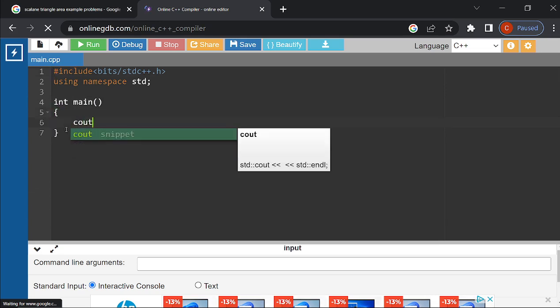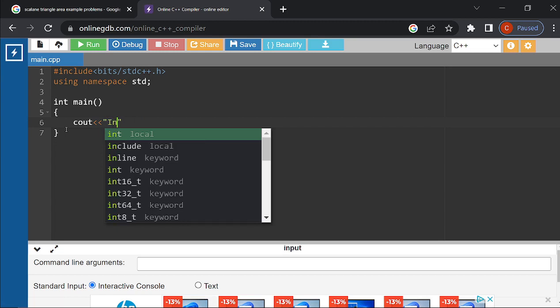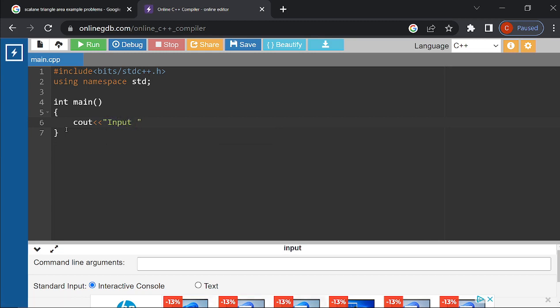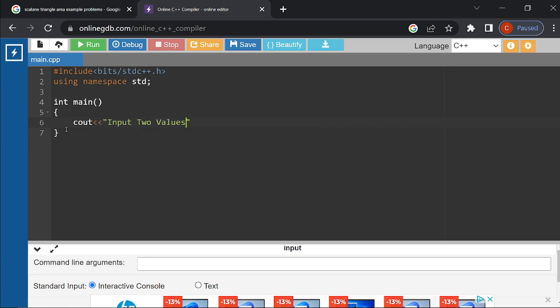So cout, enter two values. Now move your cursor to the next line, so you can use endl.